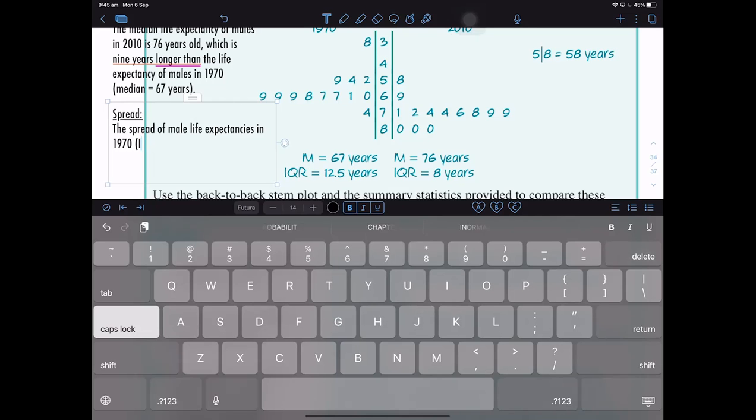Notice how I'm putting down the idea as well. 12.5 years is wider than.